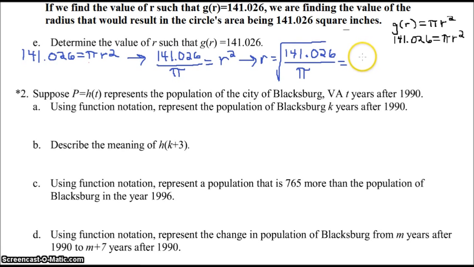And note that we don't need a plus or minus here because the radius can only be positive. And then if you use your calculator, that's about 6.70 inches. So that's the value of the radius that will give us an area of 141.026 square inches.